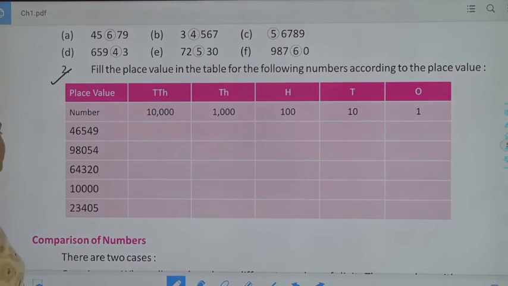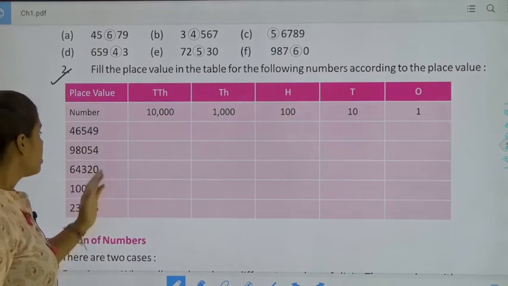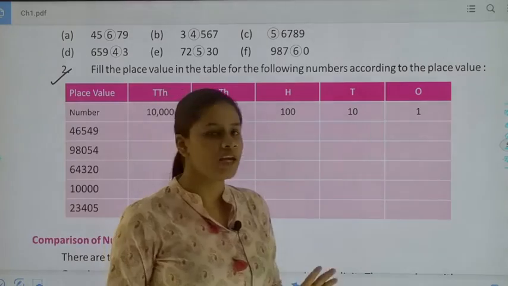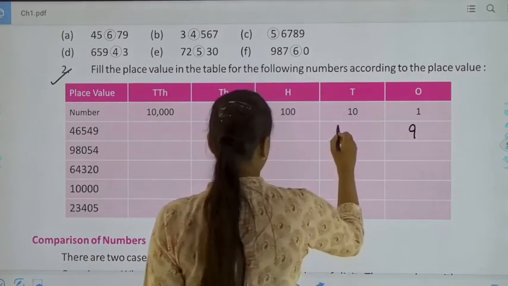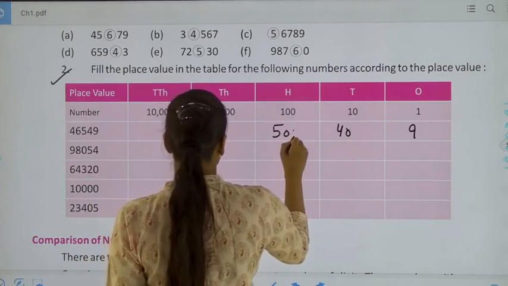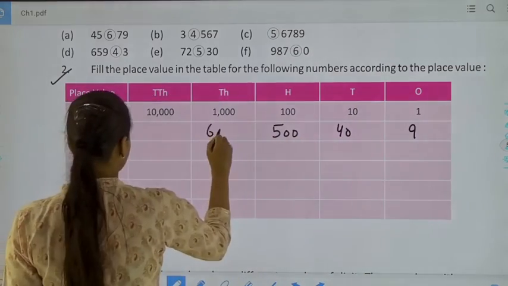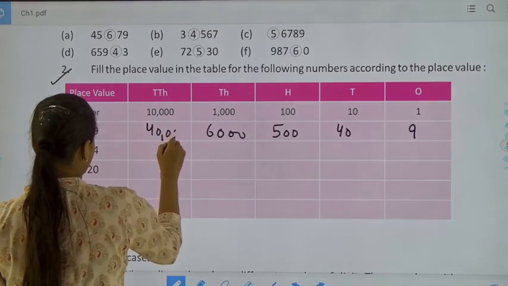First one, that is 46,549. But we have to start from the right hand side. That is ones, then tens, then 100, then 1000, and then 10,000.